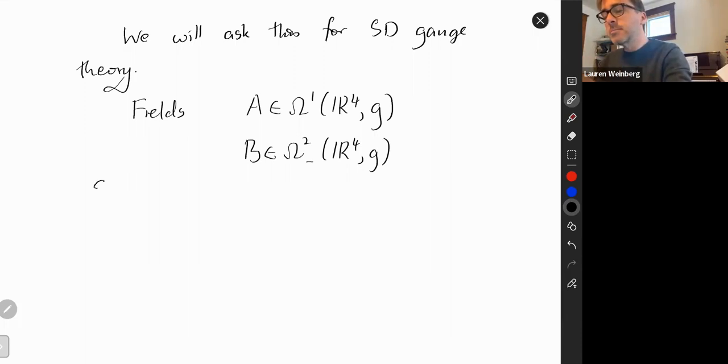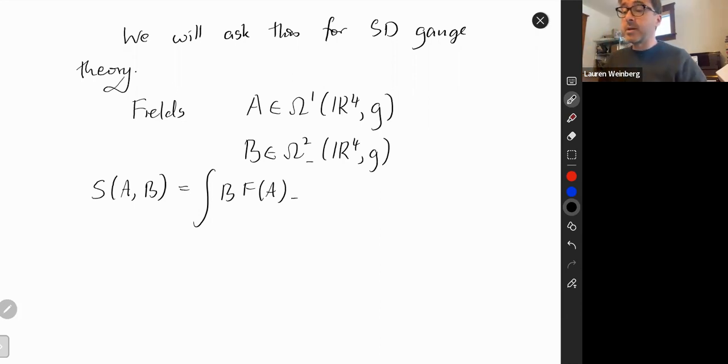The Lagrangian is that expression where I integrate B against the anti-self-dual component of the curvature of A.